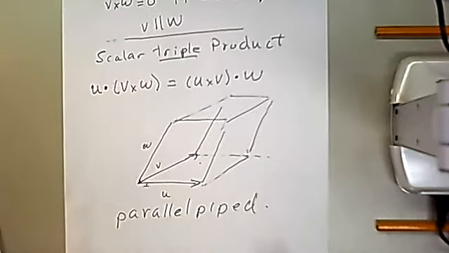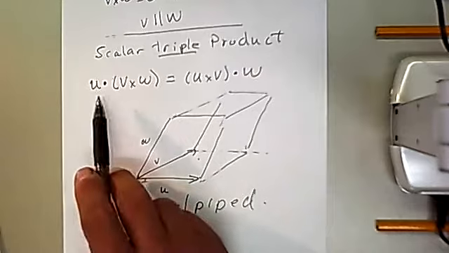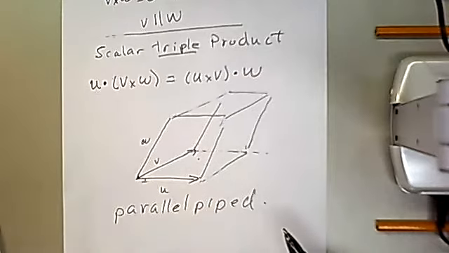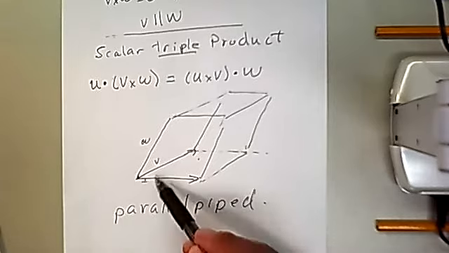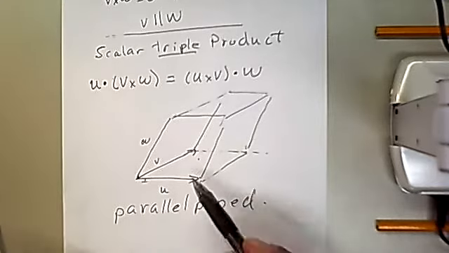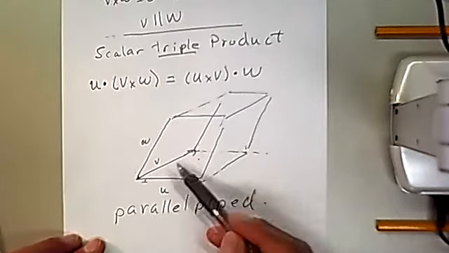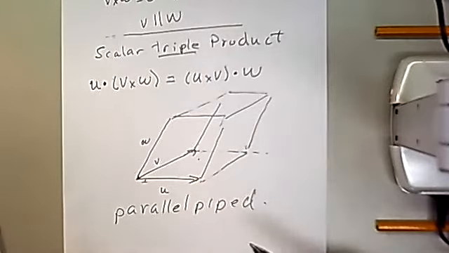So that is a nice combination and application of the cross product along with the dot product. This has to do with the sines and the cosines resulting from the cross product and the dot product. So the angles formed give us the altitudes of the parallelogram and then the altitude of the parallelepiped.